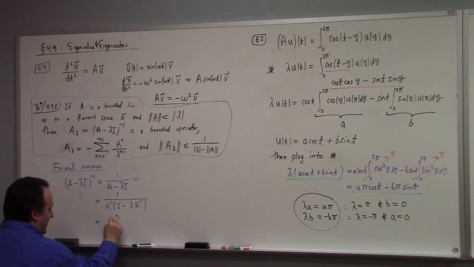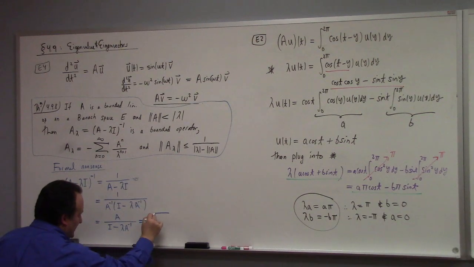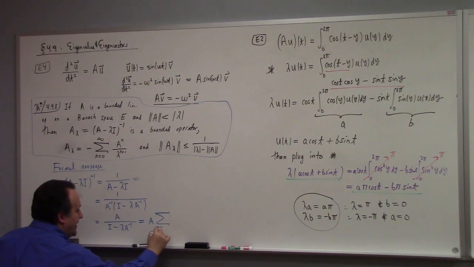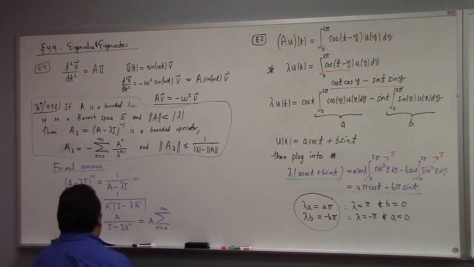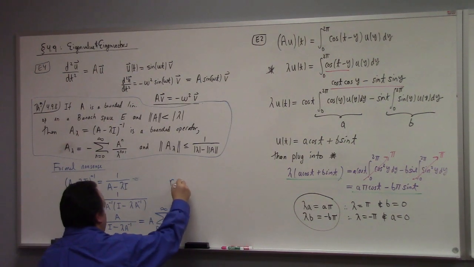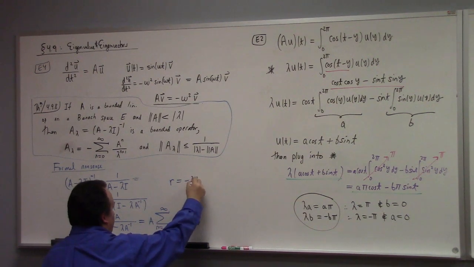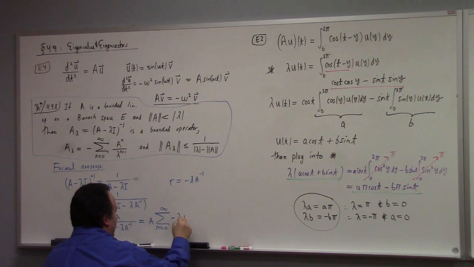Is equal to A over I minus lambda A inverse, by the geometric series, that is A times the sum n equals 0 to infinity of, my radius here is minus lambda A inverse apparently. And so we've got minus lambda A inverse to the n power.